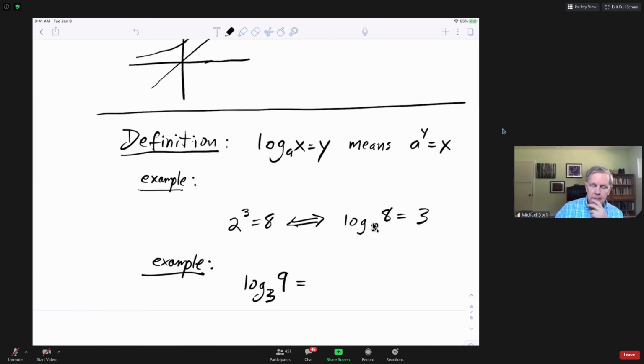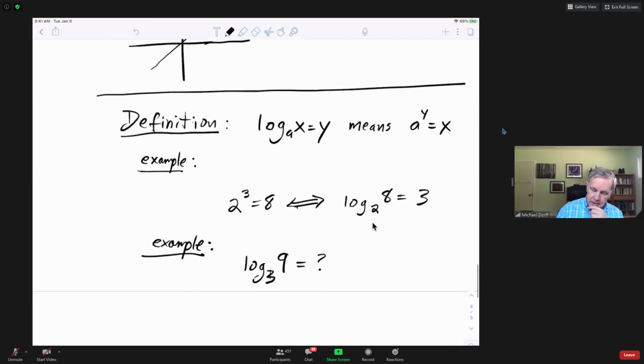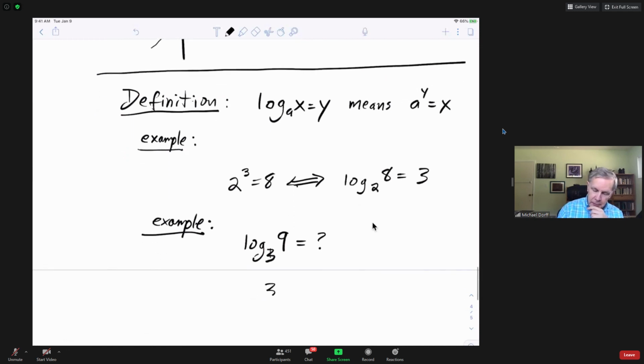What does that equal? 2. Yeah, let's say we have this and we just said this equals question mark. Then that would mean that 3 to the question mark equals 9. And that would be 3 squared equals 9. So the answer is 2. Log base 3 of 9 equals 2.